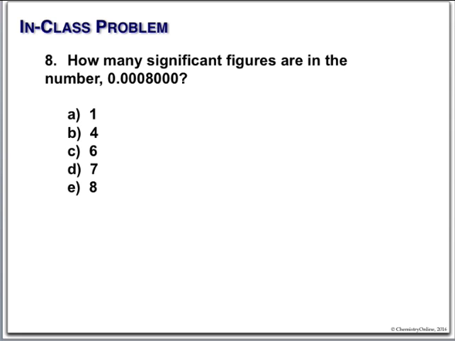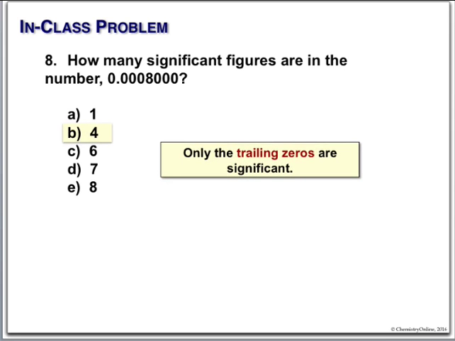But none of the leading digits are real. So we simply look at this, we say all of the leading digits have to go, but everything back here, after we get to real numbers, they stay. So it looks to me like there's 1, 2, 3, 4, only trailing zeros count.